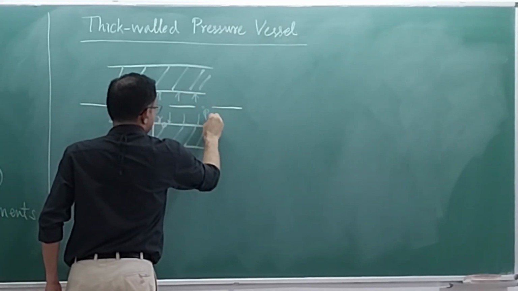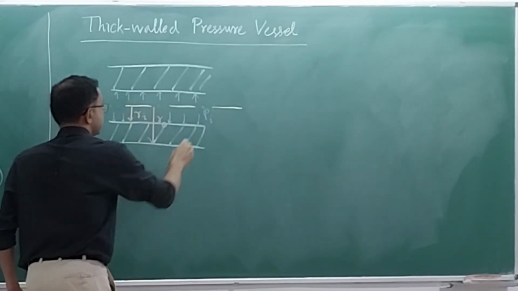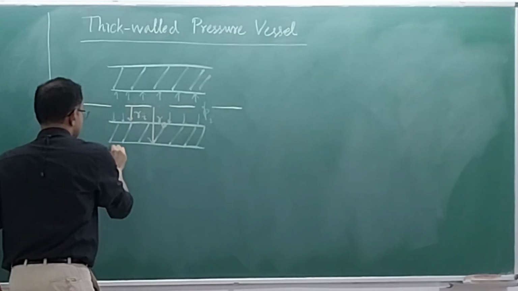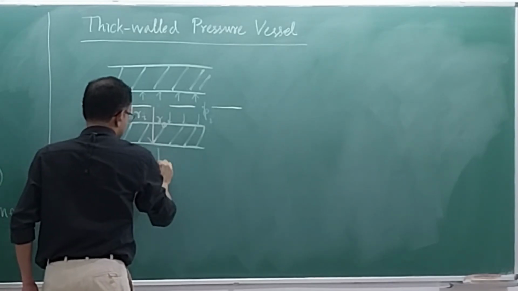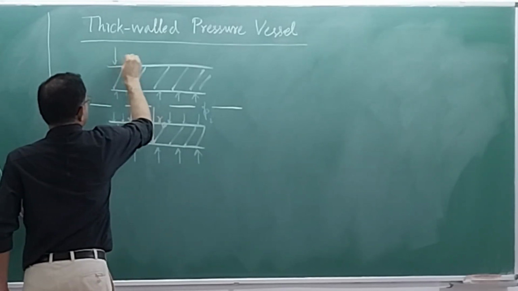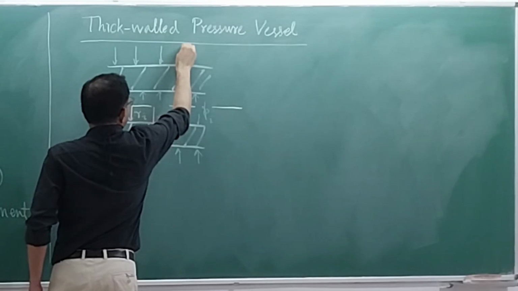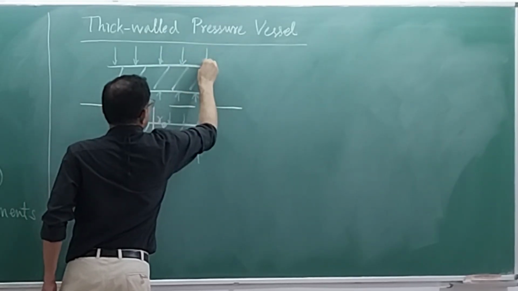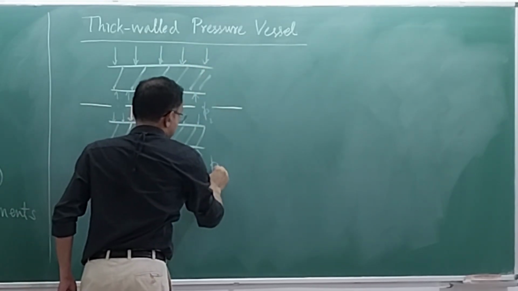This pressure is given by Pi. And there is pressure from the outside also. This pressure is Po.